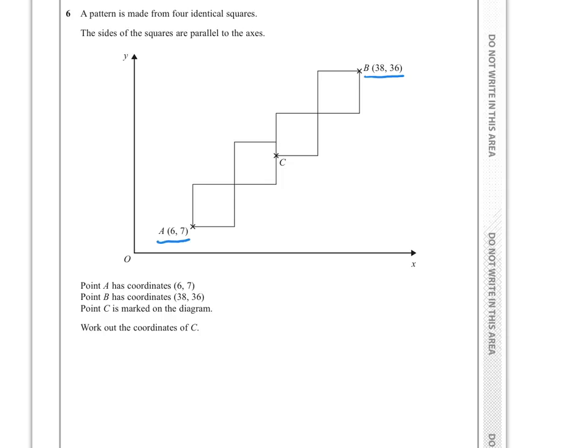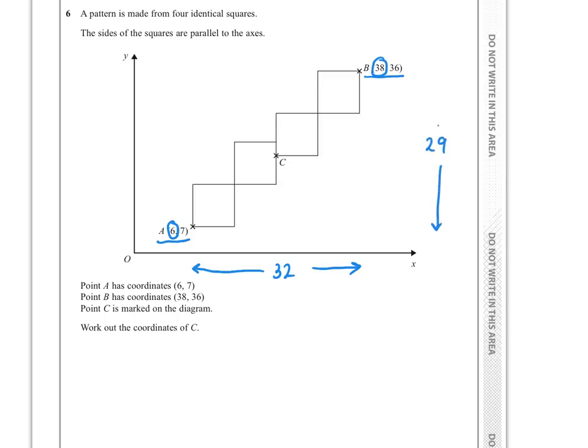So the first thing I looked at was how to compare the x parts of the coordinate, and from 6 to 38 is a difference of 32. So I know that this distance is 32. And then I looked at the y's, and the difference between 36 and 7 is 29.